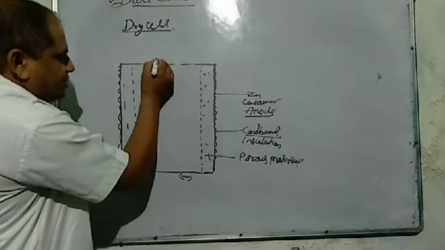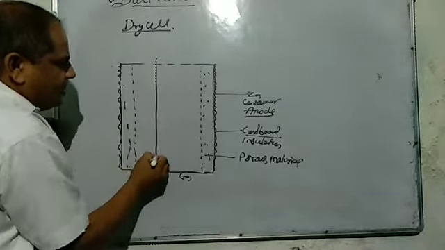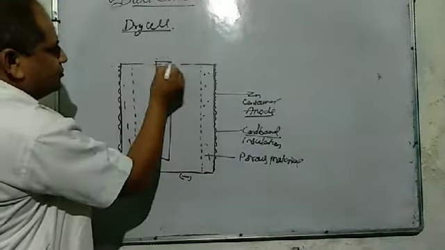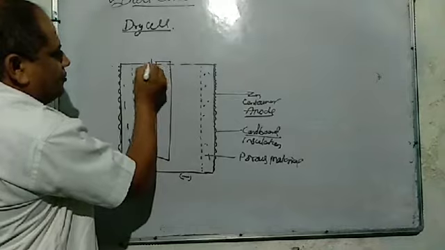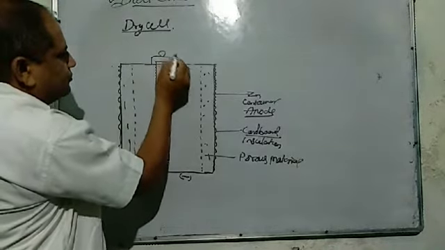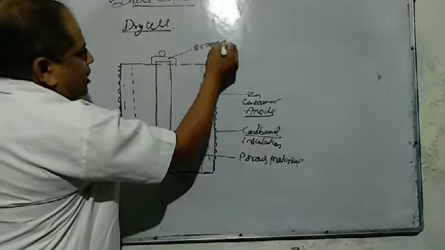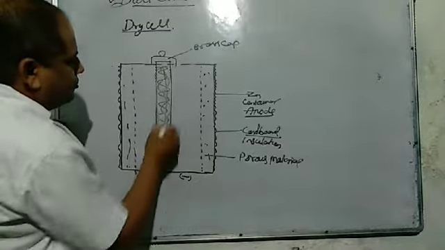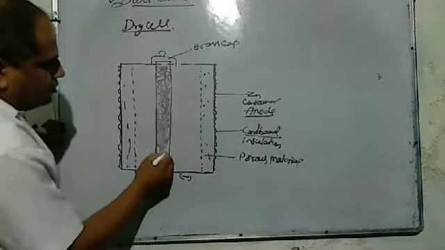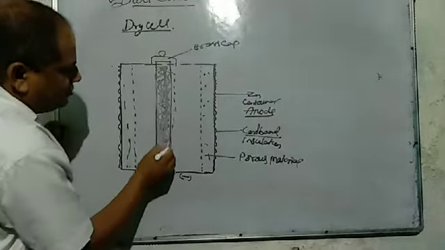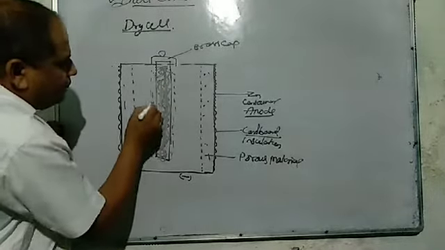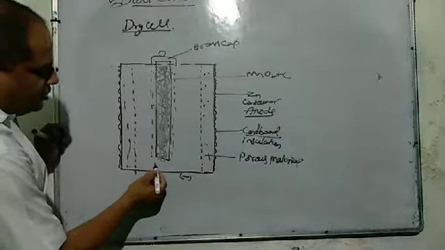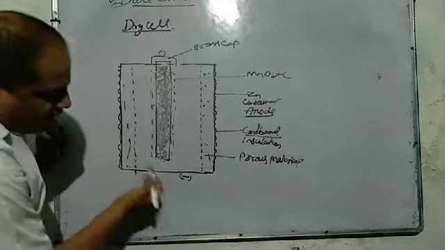And the cathode is a graphite rod with a brass cap, surrounded by the powder of MnO2 plus C, and not touching the bottom.